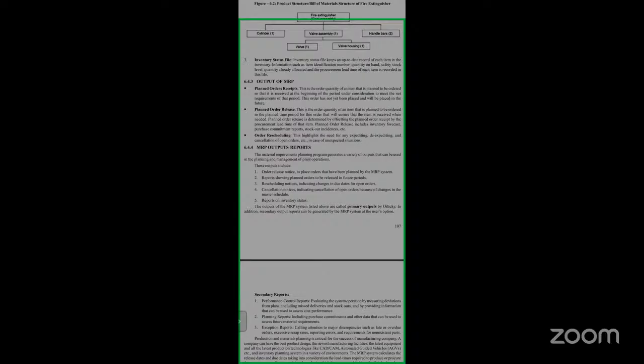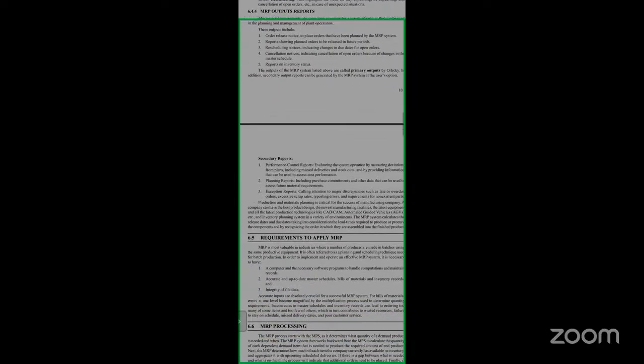For the future, what orders have already been given, and what rescheduling notices have been given. A rescheduling notice indicates changes in due dates for open orders, or cancellation notices indicating cancellation of open orders because of changes in the master schedule, reports and inventory status.